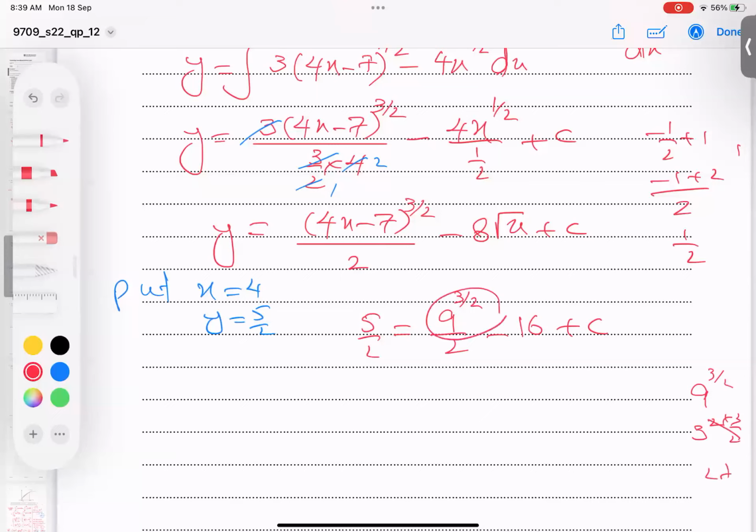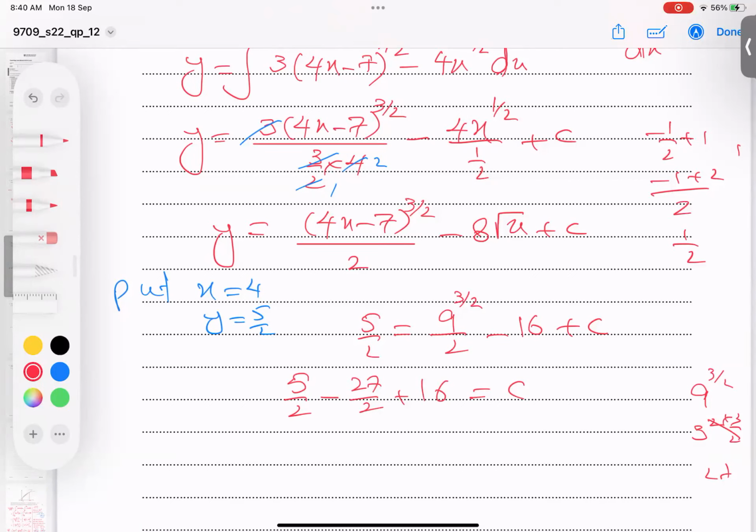We get 27 here. So 5 by 2 minus 27 over 2 plus 16, giving a C value. So let's see how we can get it from here. So plus 16, it's giving us 5.